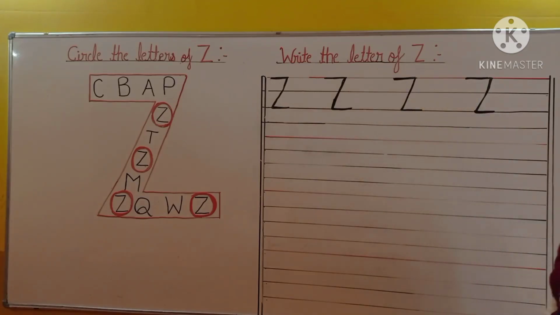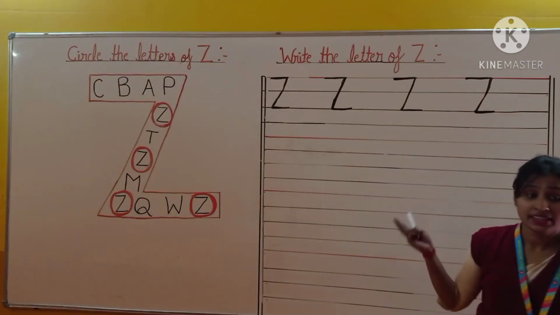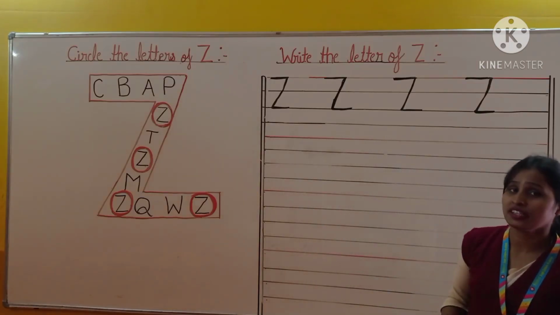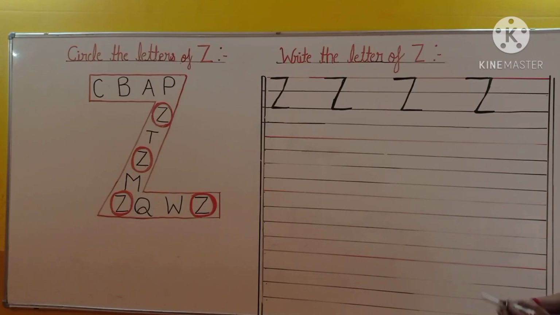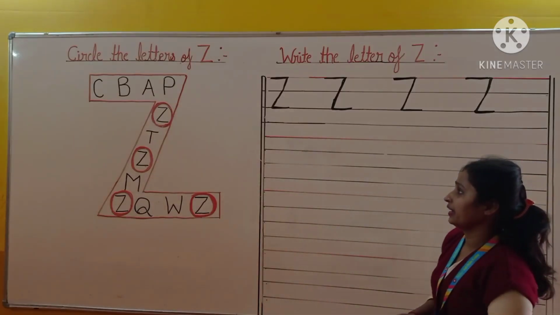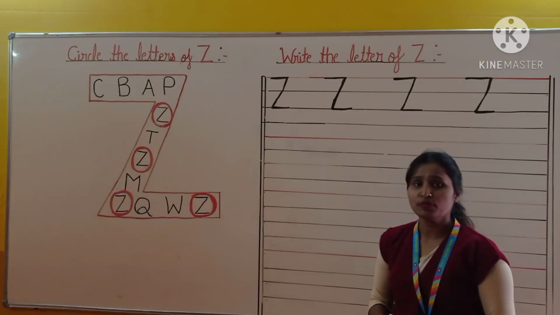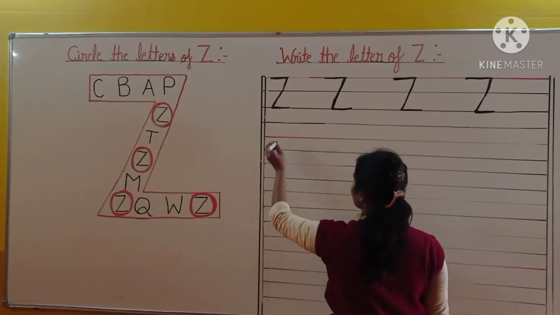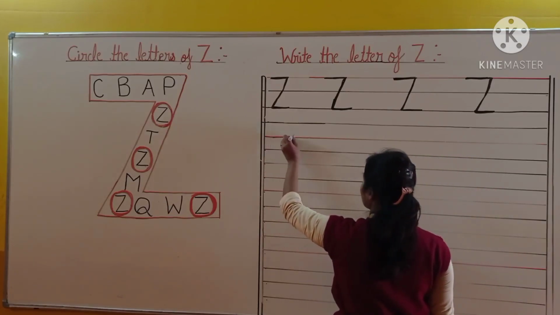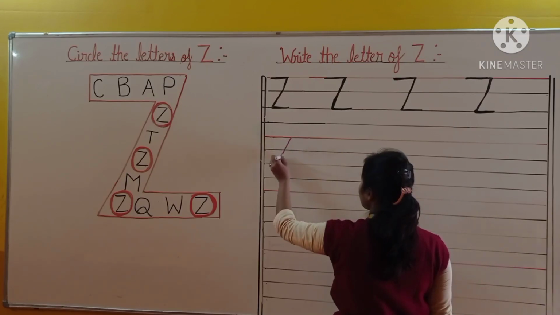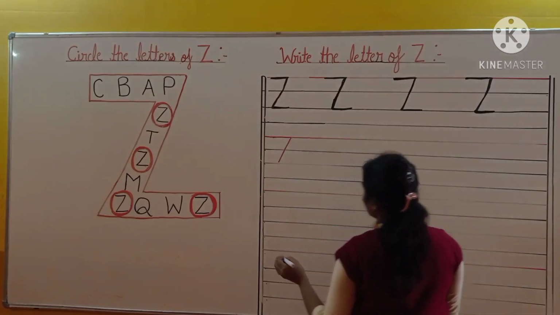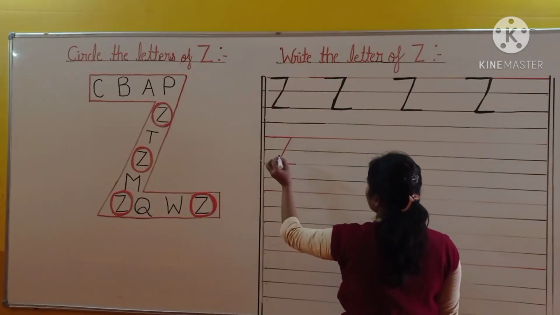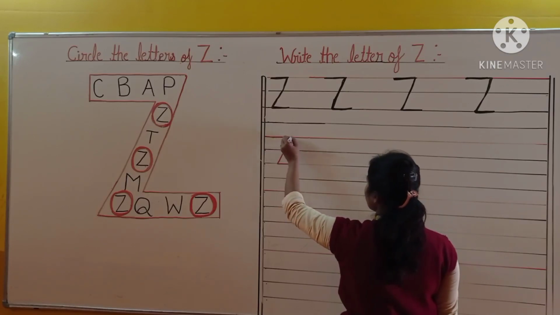Which letter? Tell me students, which letter? Yes, you are right. This is a capital letter J. J is for zebra. Okay. Next line. Start from the dot, draw a sleeping line.